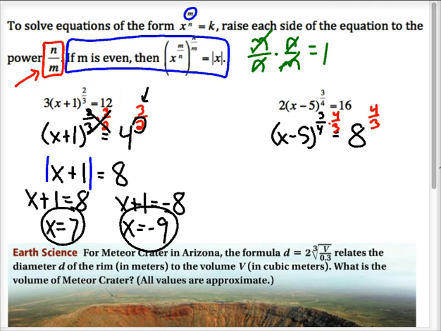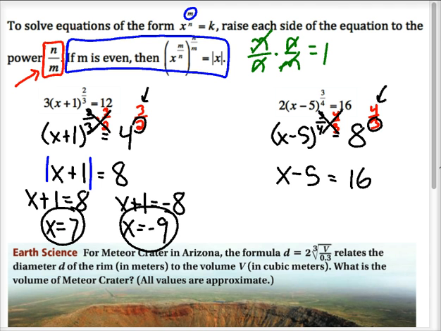So what happens? Well, it cancels that all together. And then 8 to the 4/3. So again, focus on that root first. So the cubed root of 8 is 2. Now, 2 to the 4th is 16.